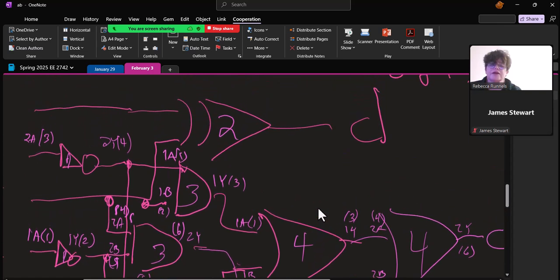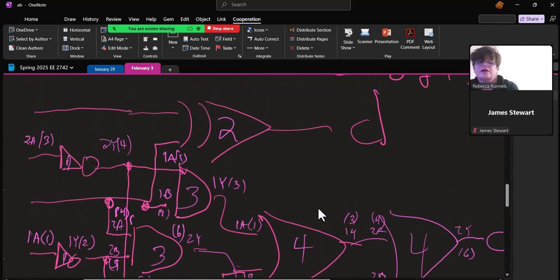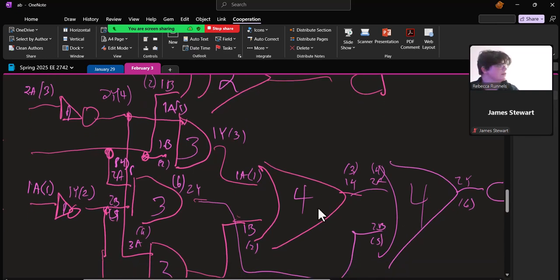And then for my exclusive OR, that's going to be 1A, 1B, and 1Y, and those will be pins 1, 2, and 3. So that is your chip layout.